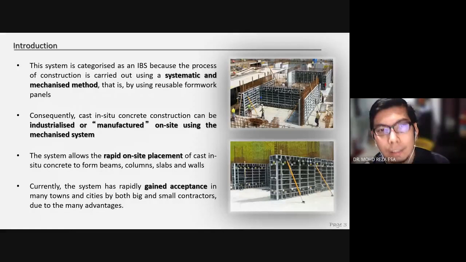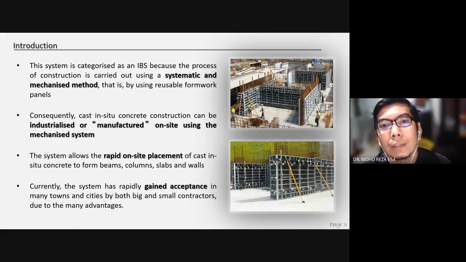And the best thing is that this reusable formwork system can be repeated in terms of usage many times compared to traditional formwork system which uses timber. Timber ni kalau kita guna as a formwork system paling banyak boleh repeat pun 2 kali. Selepas tu 2 kali tu is quite lucky.